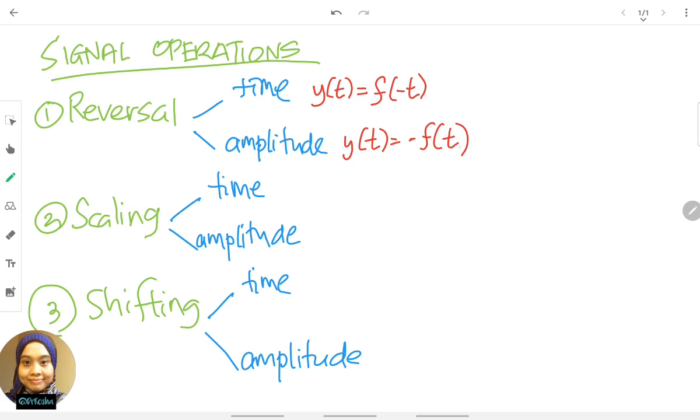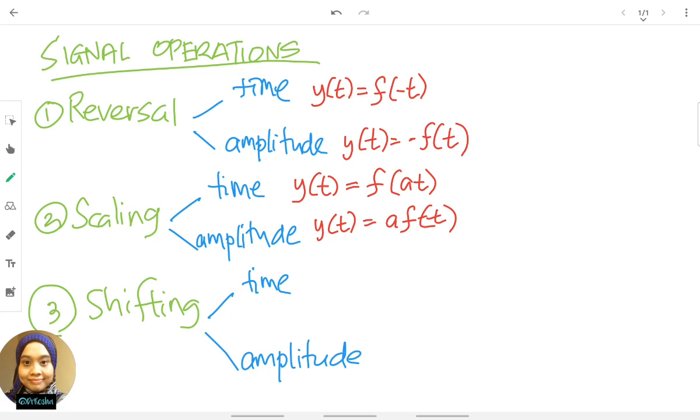For the time scaling, we will have the function y(t) = f(at). For the amplitude scaling, you will get y(t) = a f(t). The position of the a is different between time scaling and amplitude scaling.